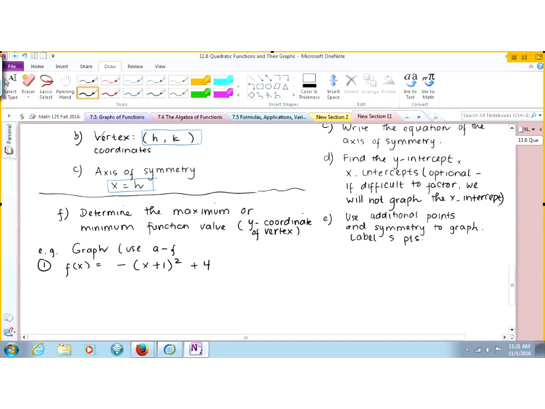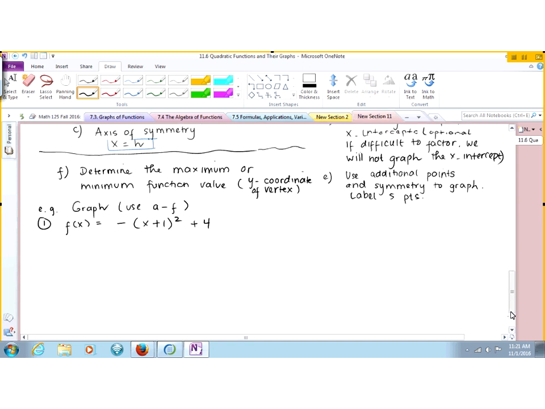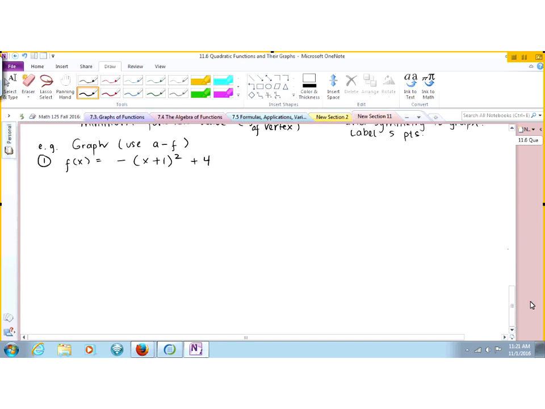And follow the steps A through F. So A, does the parabola open up or down?